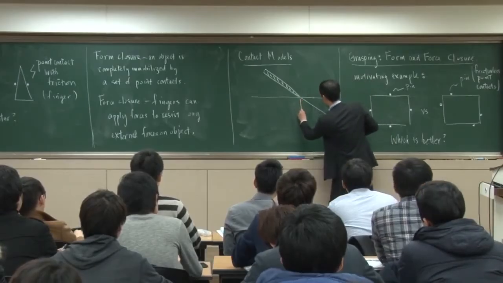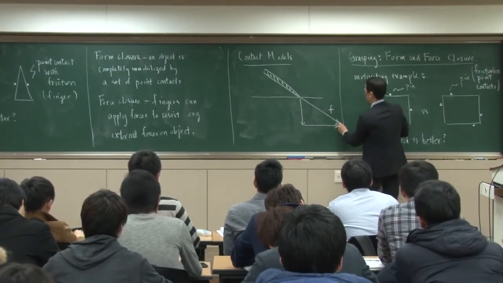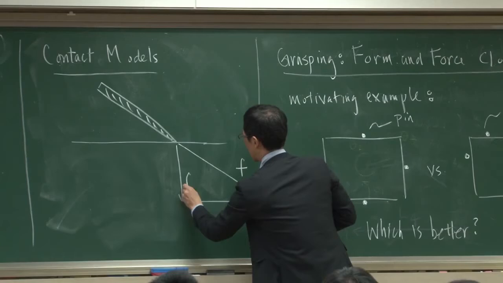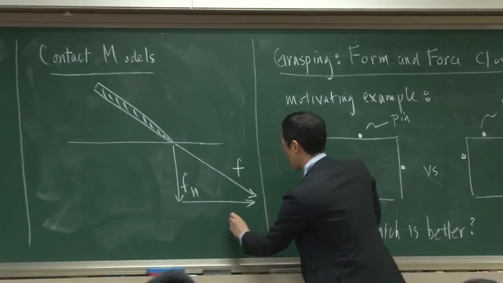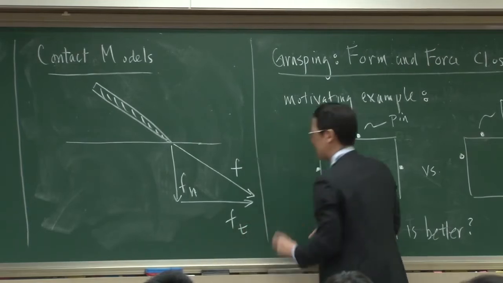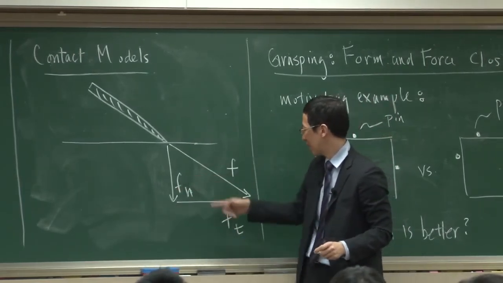I can decompose this force F into a normal component, Fn, and a tangential component, Ft. This is 90 degrees, so F is equal to Fn plus Ft.